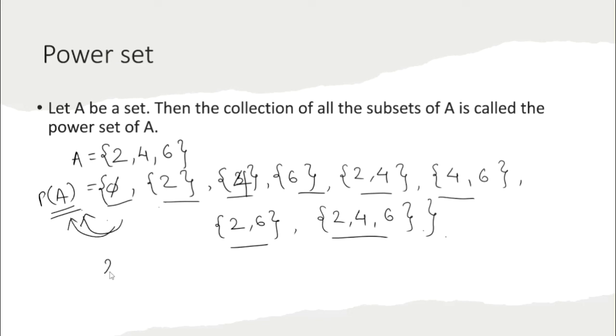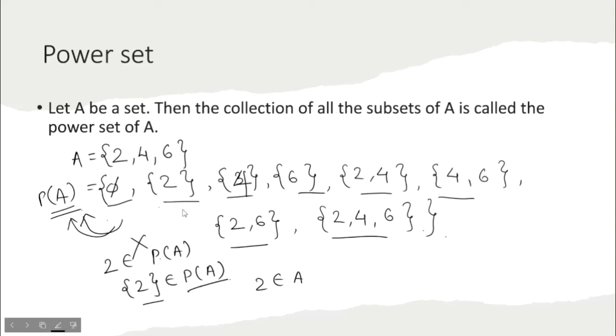We cannot write 2 belongs to the power set of A. We have to write that the singleton set which has the element 2 is an element of the power set of A. We can write 2 is an element of A, but we cannot write this one, because the elements of the power set of A are always the subsets of A.